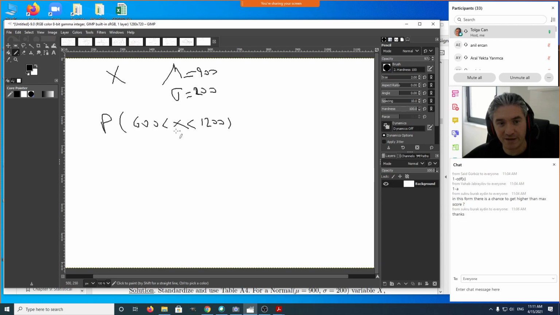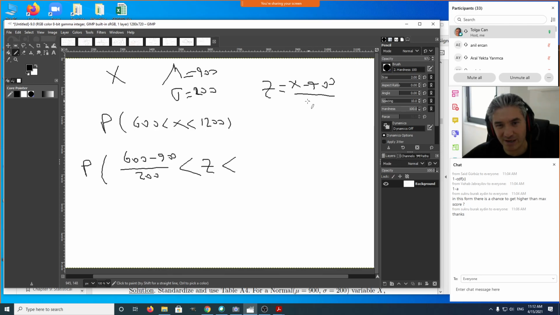In order to do that, we have to standardize everything here. When you standardize this, 600 minus 900 divided by 200. So the probability will be for your standardized random variable z, which is x minus mu, or x minus 900, divided by 200.